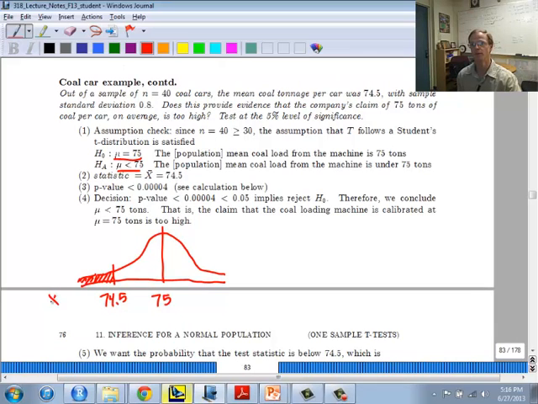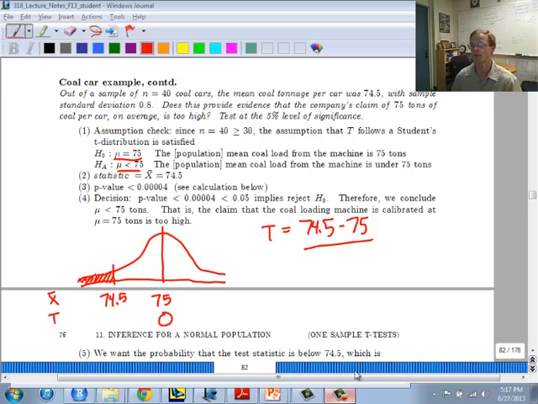So this is at the level of the mean, and we're interested in the level of the t statistic. We know the center is at 0. So let's go ahead and do the t statistic. It is going to be 74.5 minus 75 divided by the standard error, which was 0.13 from last time.